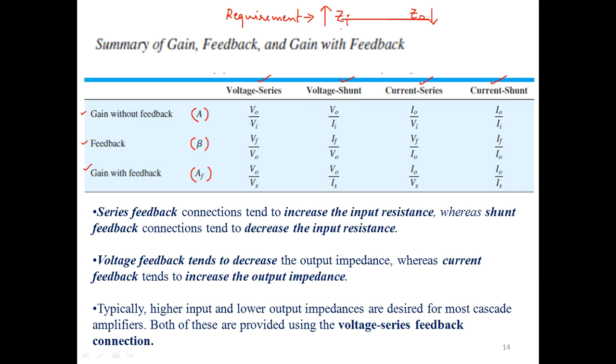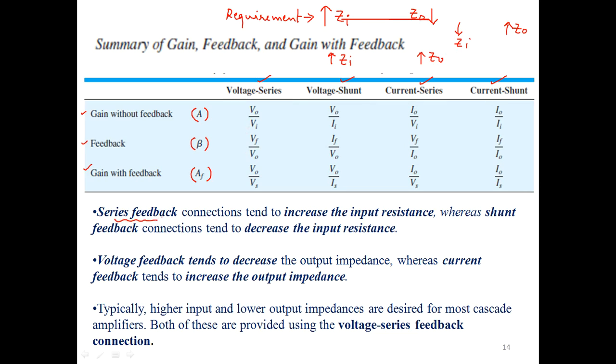Or there may be a case when we may need a high input impedance and also a very high output impedance, or sometimes low input impedance and high output impedance. So depending upon such requirements or scenarios, we will be using that particular feedback connection type, either voltage series, voltage shunt, current series or current parallel feedbacks. So the same points have been given here.